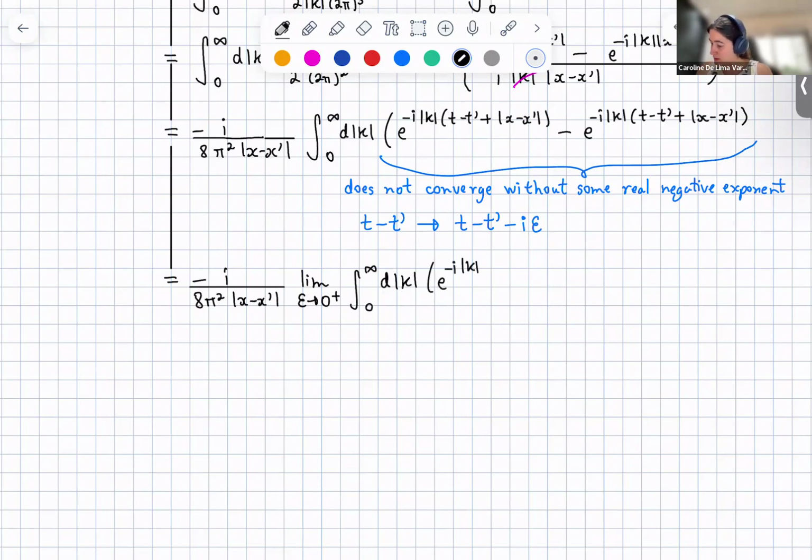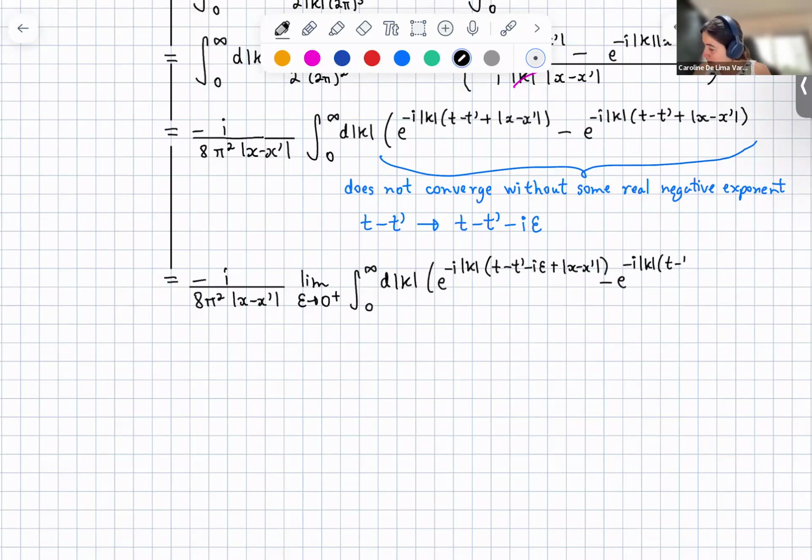Now we're just going to add this minus i epsilon, right? t minus t prime minus i epsilon plus x minus x prime. Then just basically copying the line before, right?